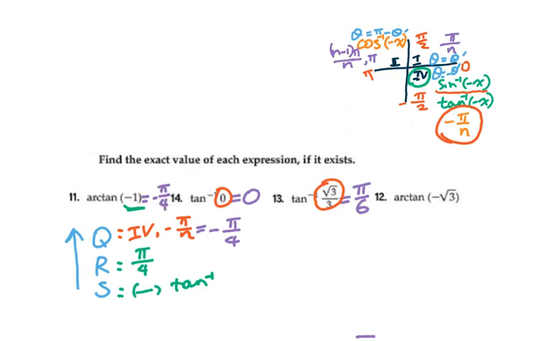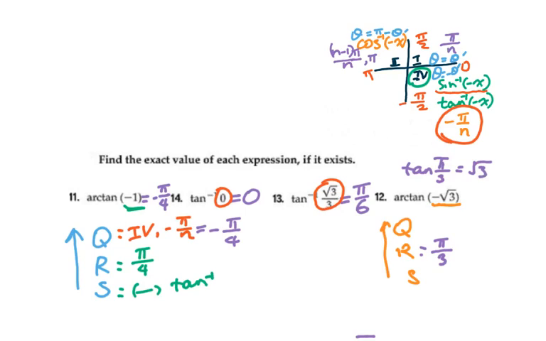For number 12, since the domain is negative, we go to QRS. Do the backwards. Reference angle first, we got pi over 3, because tangent of pi over 3 equals the square root of 3.